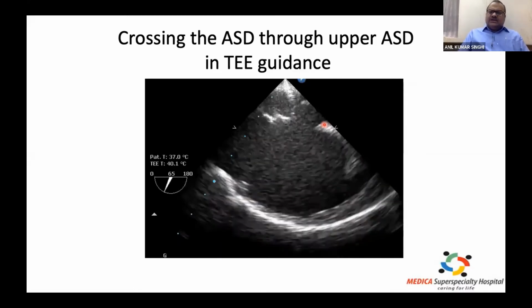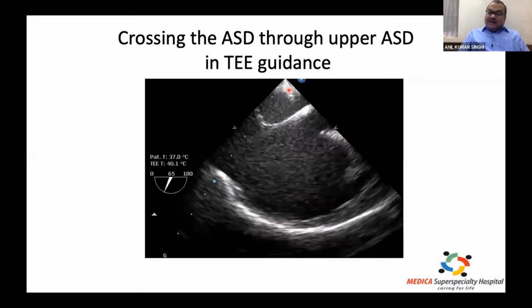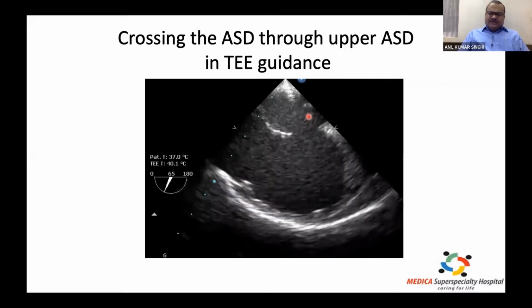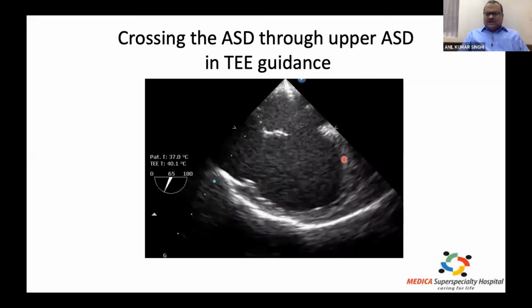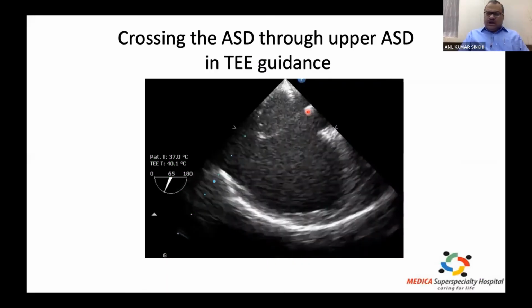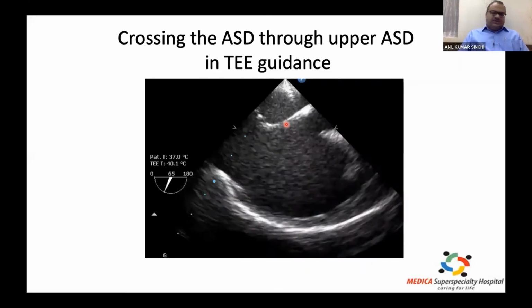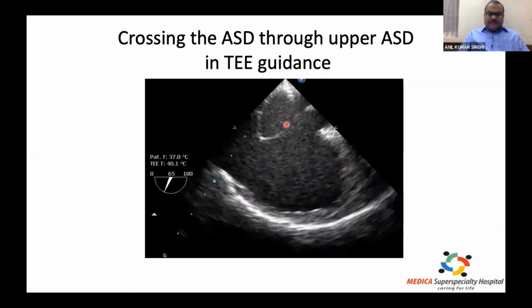So here the most important part was crossing the ASD through the upper ASD, and that required TE guidance. You can appreciate we have this catheter, and that catheter was crossing the superior hole, and that fact has been confirmed only on transesophageal echocardiogram, and that is the key point in the closure.